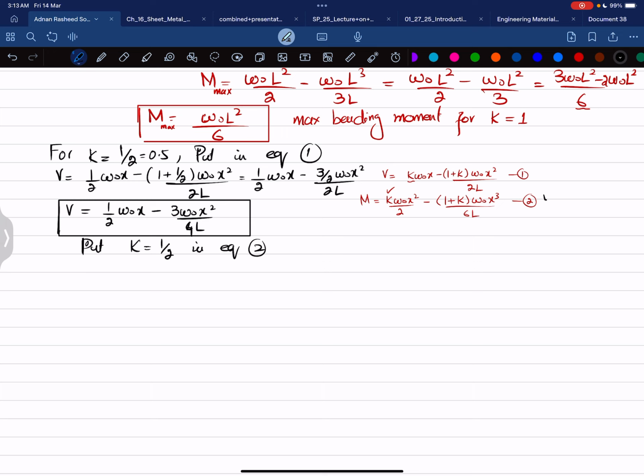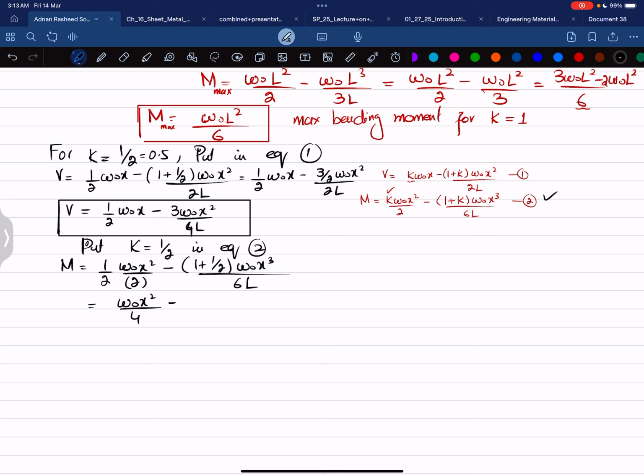You can see this one. So moment will be equal to 1 over 2 W naught X square divided by 2 minus 1 plus 1 over 2 W naught X cube over 6L. So this will give you W naught X square over 4 minus this term will be 3 over 2.